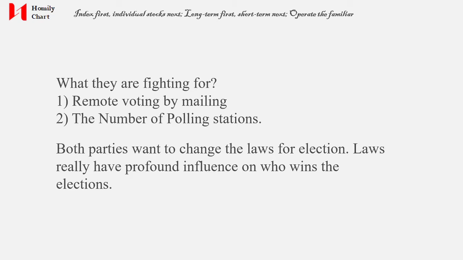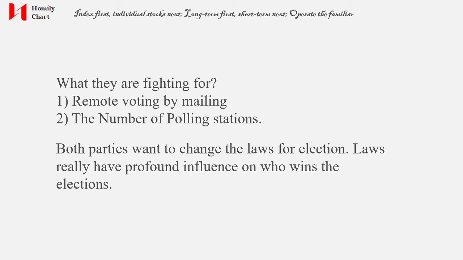And if the laws are really changed, then it might influence future general elections four years later. So, of course, this is extremely important for both parties. Both parties want the laws in favor of them, right? Want the laws to benefit them.